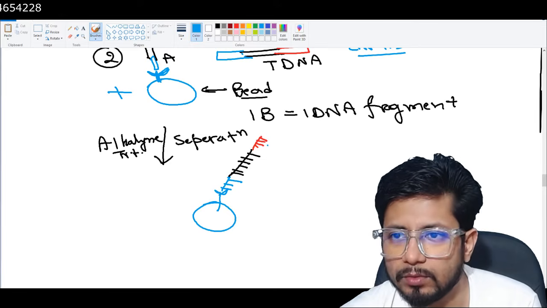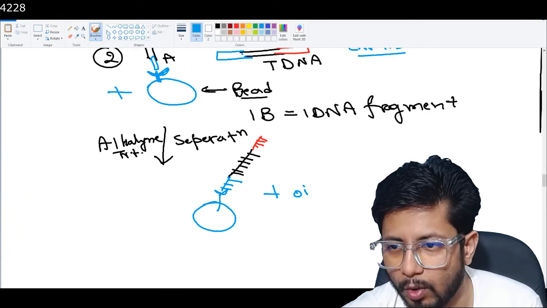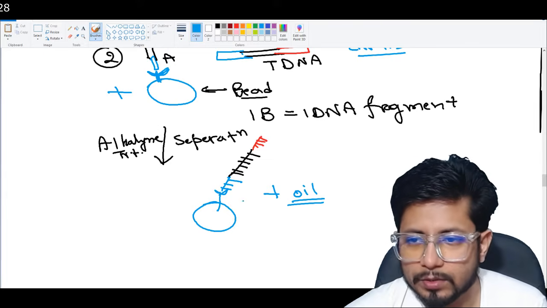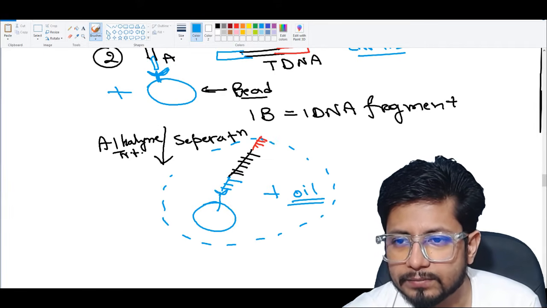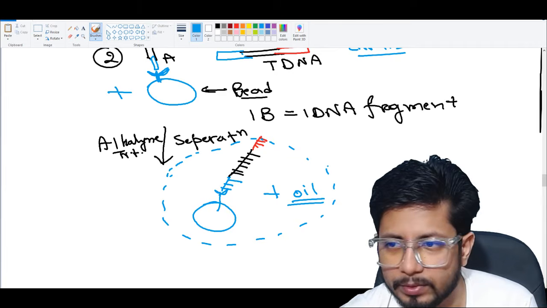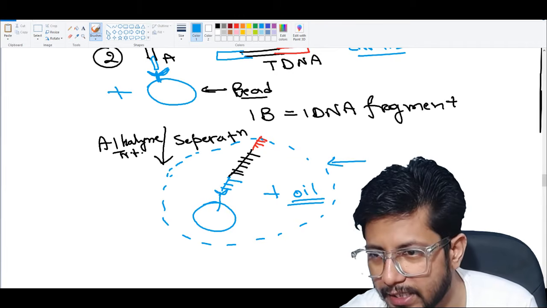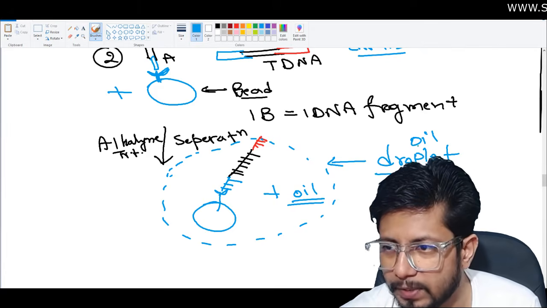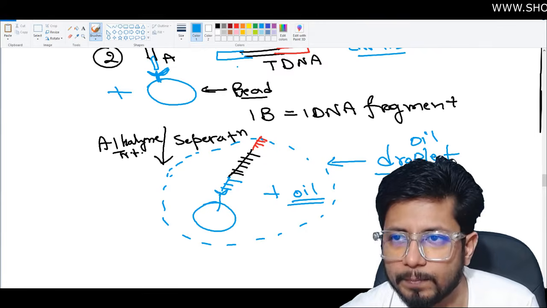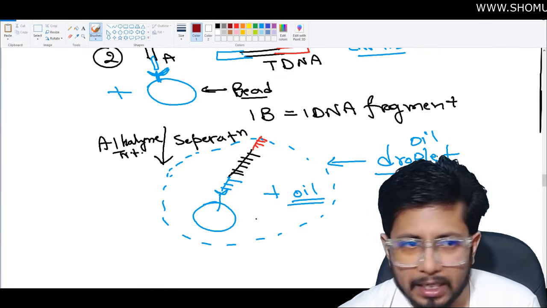So for that, what we do, we use oil. We use oil emulsification here. So basically we cover the bead associated with the target DNA with oil. So oil coating is done, and an oil droplet is formed, and inside the droplet we also add some components.